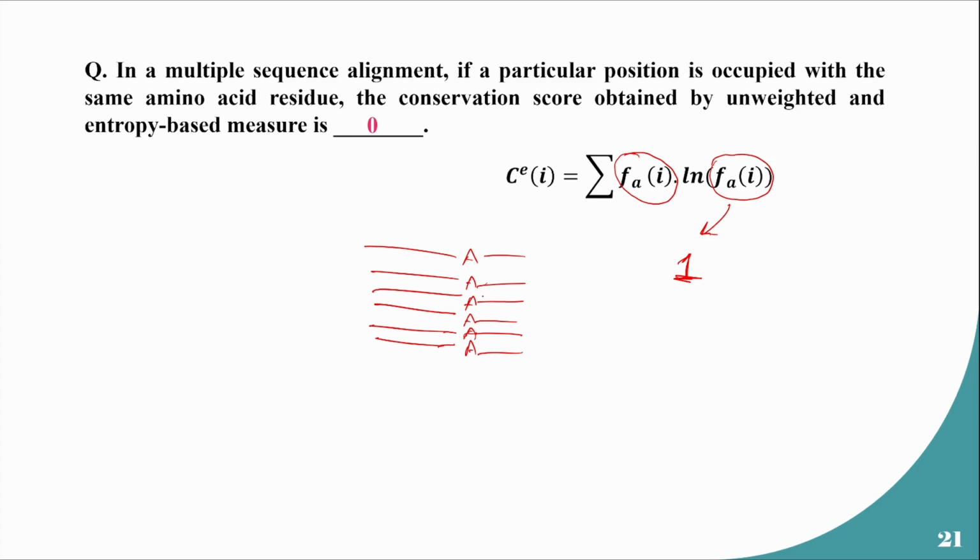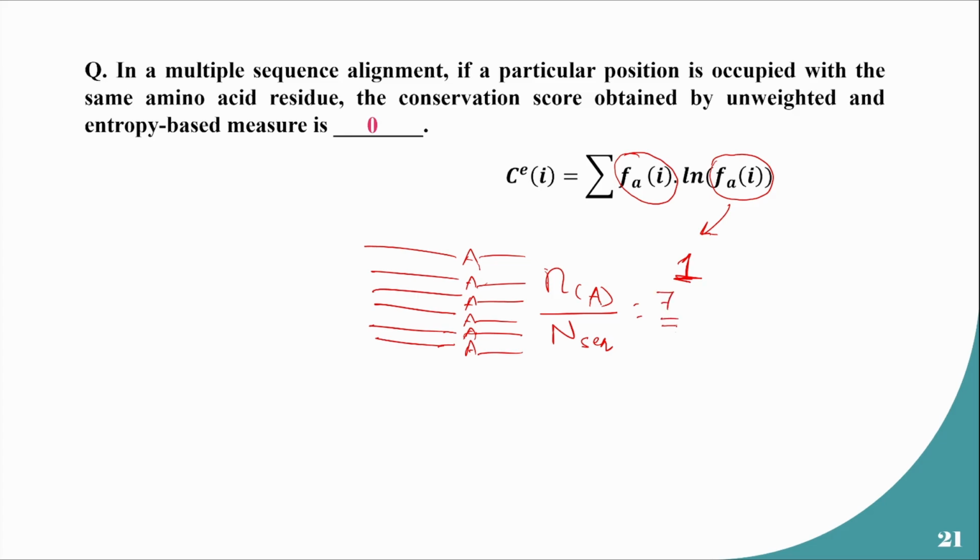So the conservation score will be calculated in a way where we have to identify the frequency of alanine at that position. Since all of the sequences have alanine, for this particular position, the number of alanine divided by the total number of sequences, right?